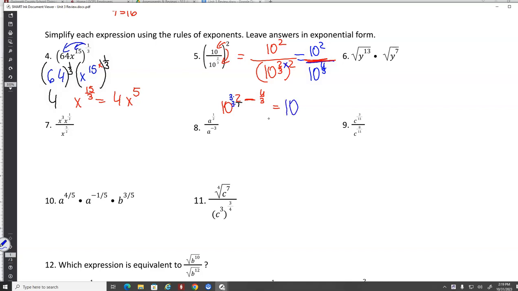So now this changes it to 6 over 3. I have 2 over 1 minus 4 over 3. If I want this one to become a 3, I've got to multiply it by 3, and I've got to do that same thing to the top. So this becomes 6 over 3 minus 4 over 3. Now, subtracting them from each other, it's going to give me 10 raised to a 2 over 3 power. Okay, and that's your final answer.